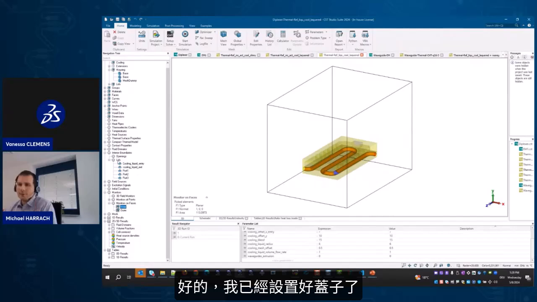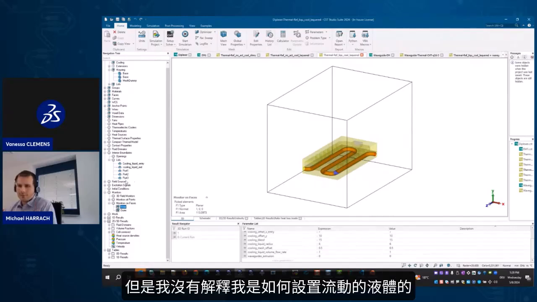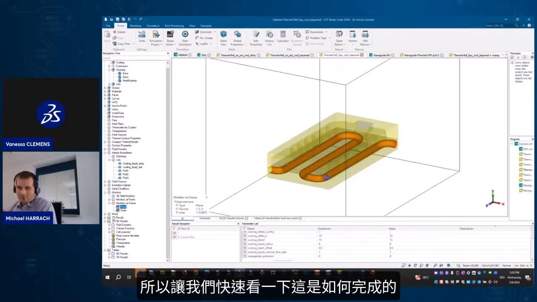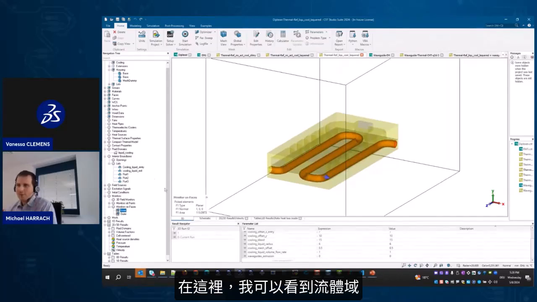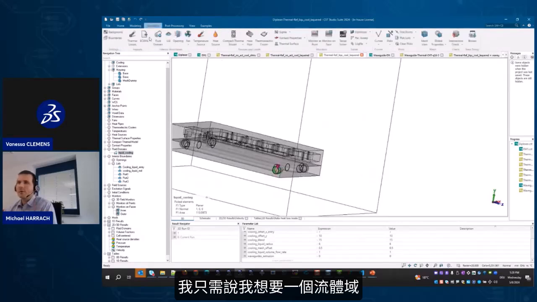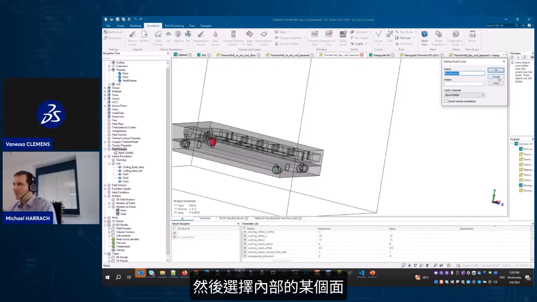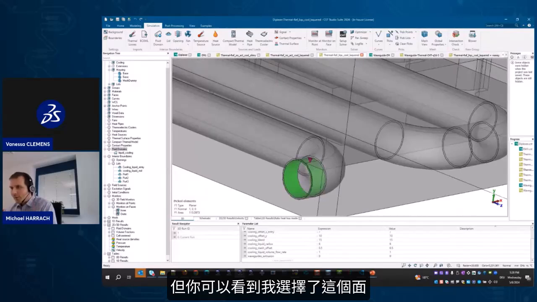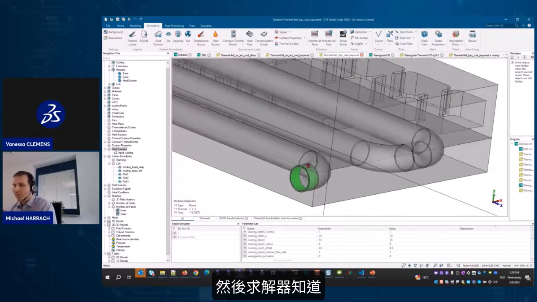All right, so I did set up the lids, but I didn't explain how I set up what kind of liquid is flowing in here. So let's take a quick look how that is done. Here I can see the fluid domains, and setting up fluid domains is really easy. So I just say, I would like to have a fluid domain, and then I pick some face on the inside. So I'm not going to do that because I don't want to lose the results here, but you can see I picked this face in here, and then the solver knows, here is the cavity from the mesh. This face was picked.